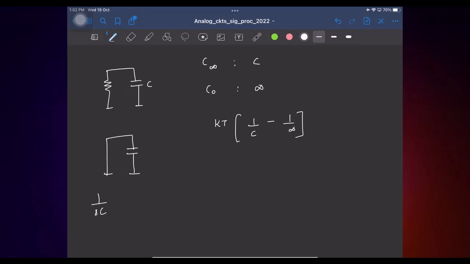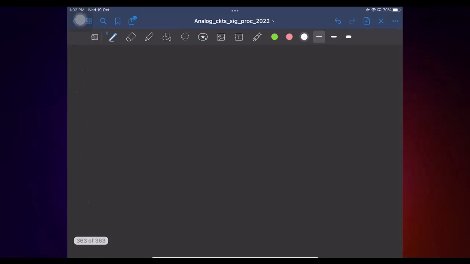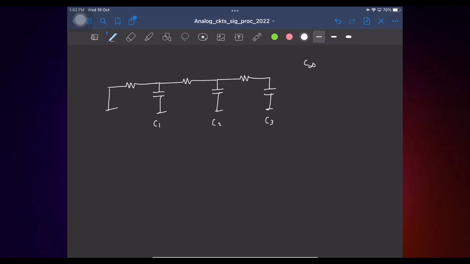So this is basically KT times (1 by C infinity minus 1 by C0), which is KT by C. So let's say you take the third order RC, C1, C2, C3. What is C infinity?